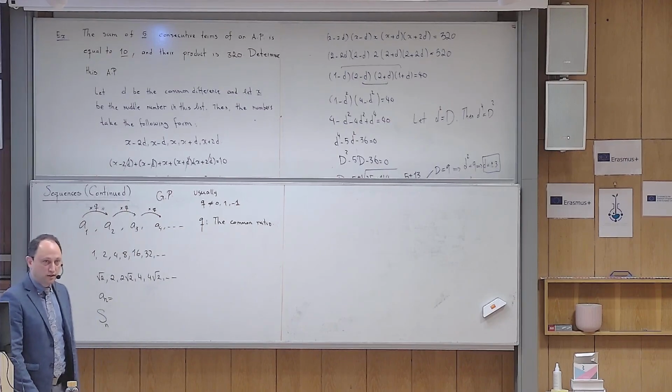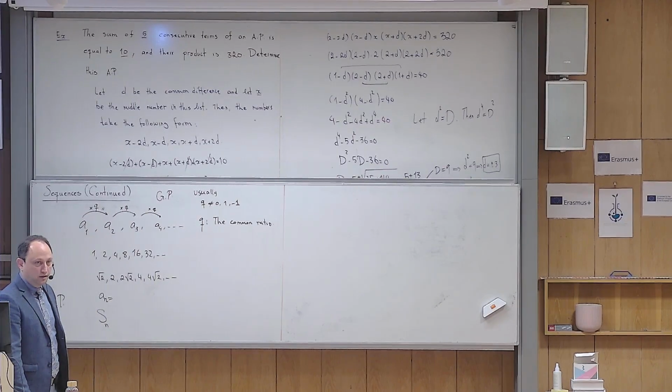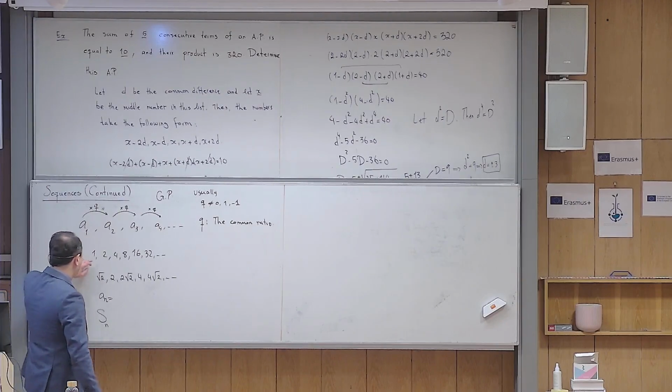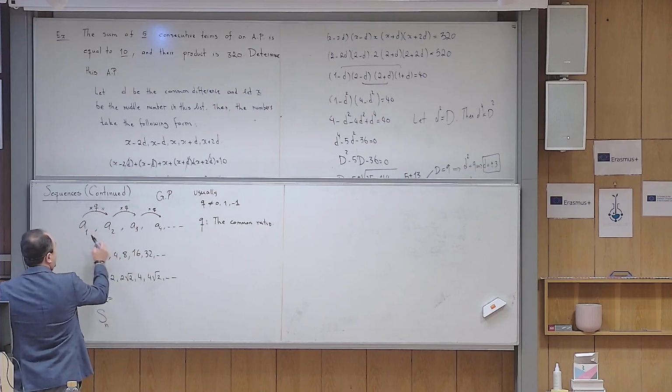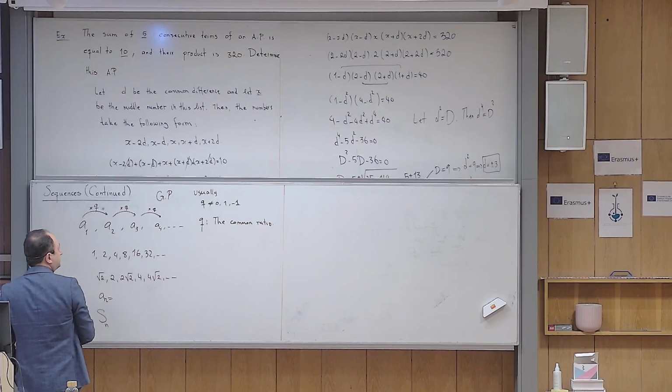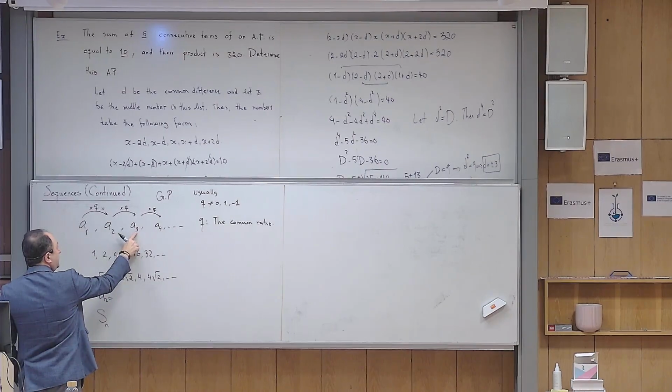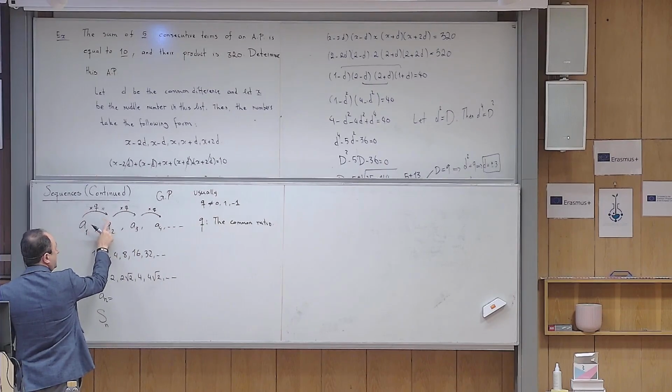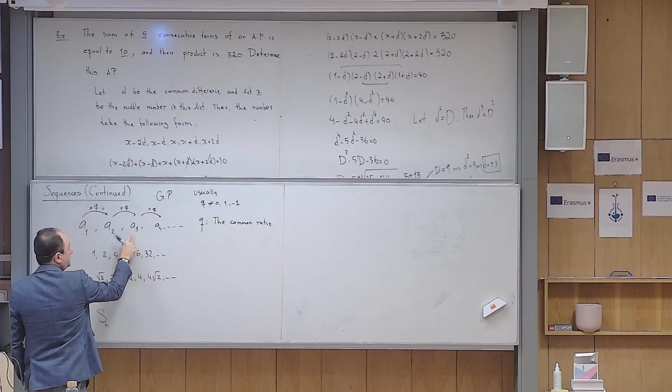A to the power of n minus 1. Why? Because if I want A2, I multiply A1 by Q. If I want A3, I multiply A1 by Q, it takes me to A2, then I multiply by another Q, it takes me to A3.